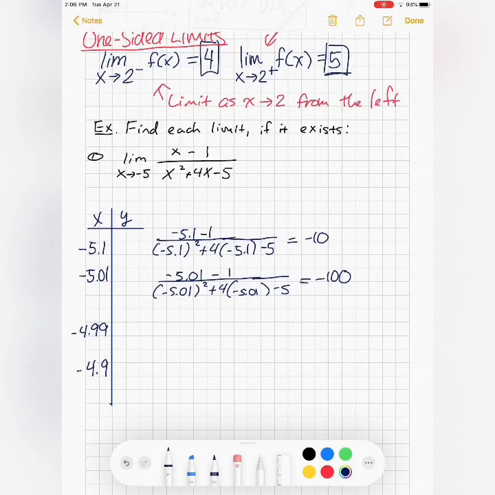These are a little tedious, entering these in the calculators. Let me write this out.